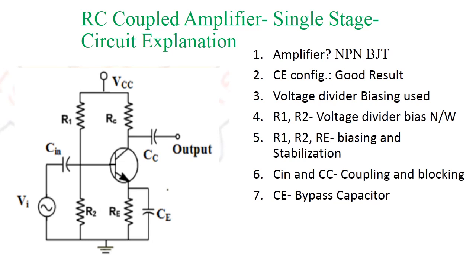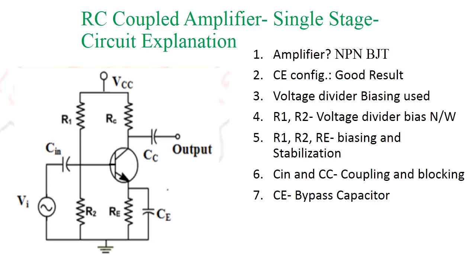Here we are applying input AC signal Vi through coupling capacitor Cin to the base of the transistor, and we are collecting the amplified output at the collector terminal or across the resistor RC through a coupling capacitor Cc.